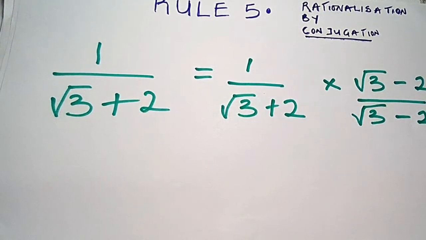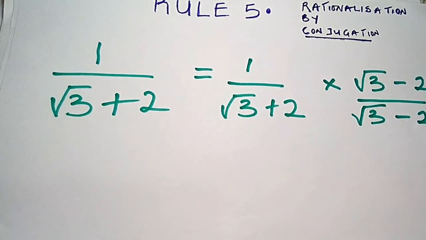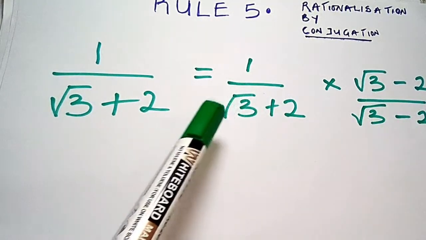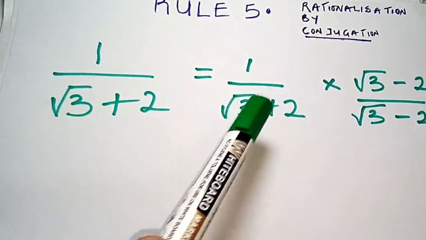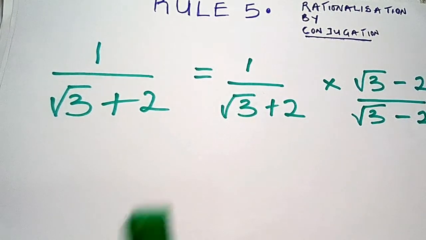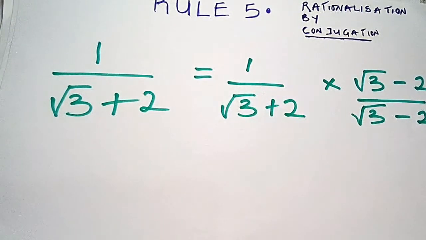So the main aim for you to do that is so you'll be able to get a natural number as a denominator. That is why the signs have to change. If you use the same sign here, you actually get an even more complex form of the surd.